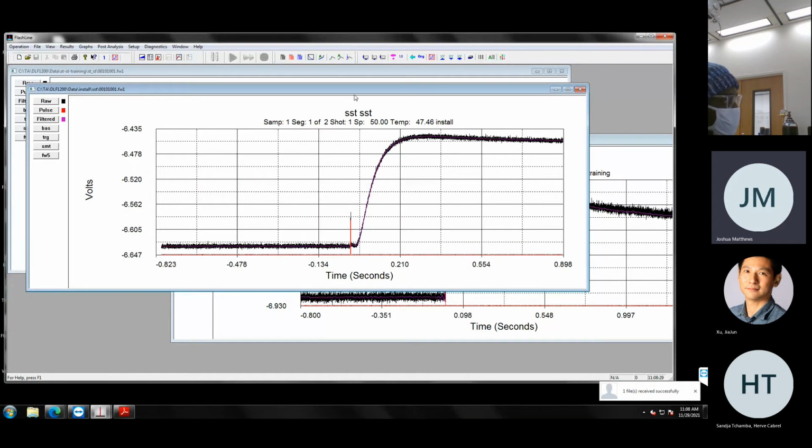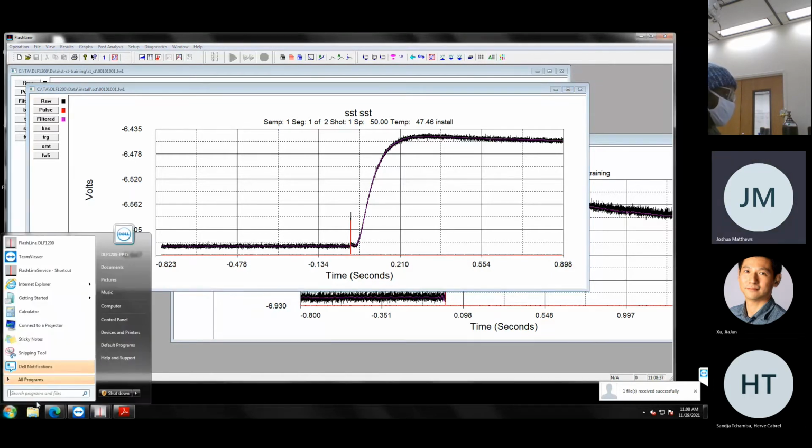It might be good to take a screenshot of this and pop it on your desktop. You can get the snipping tool.